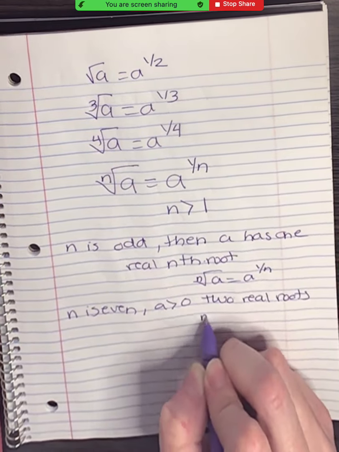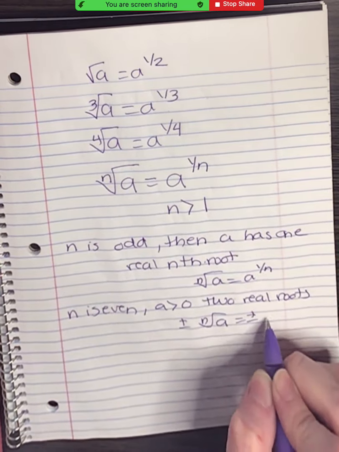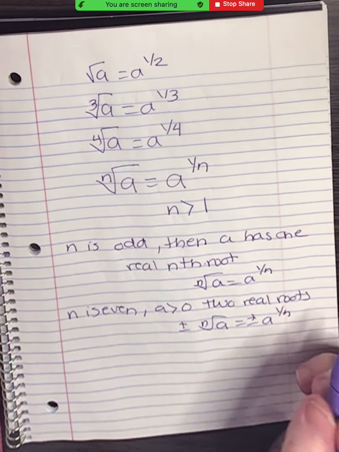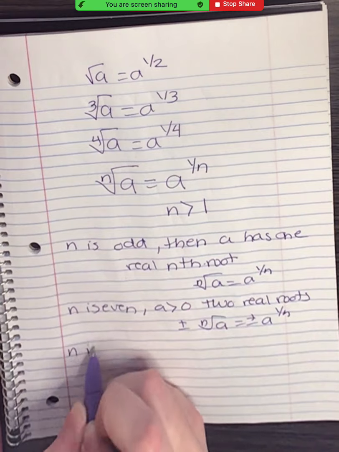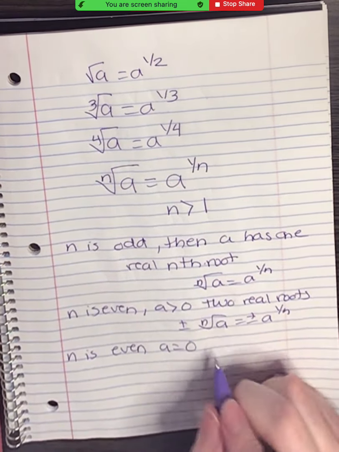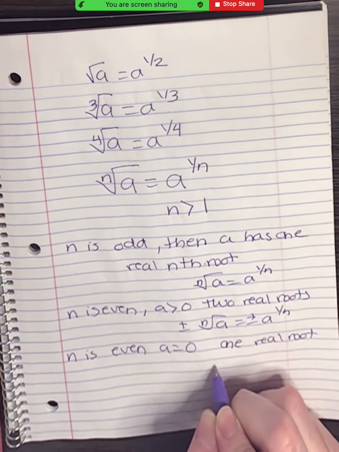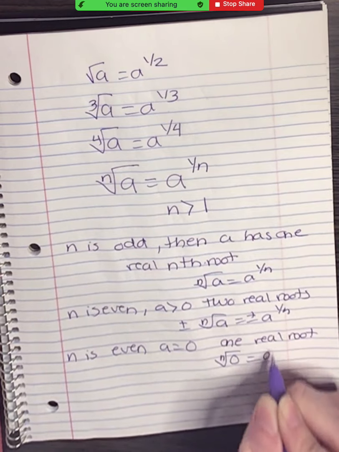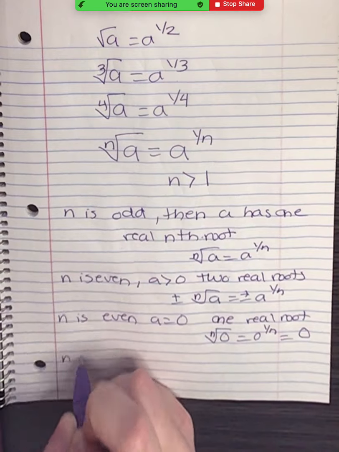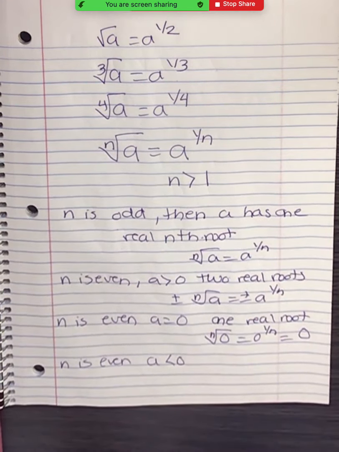So the nth root of a then is going to be a positive or a negative a to the 1 over n. If n is even and a is 0, okay, then there's one real root. That would be the nth root of 0, which would be 0 to the 1 over n, which is 0. And if n is even, but a is negative, okay, there are no real roots.